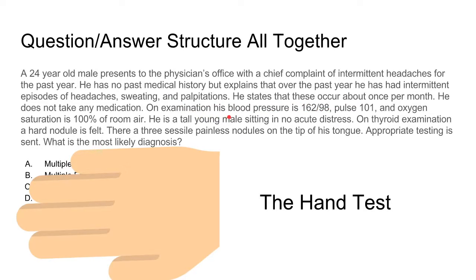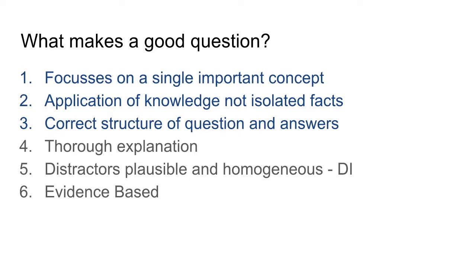And he's a tall young male. He's got a thyroid nodule. This leans you right towards where you need to be. And nodules on the tip of his tongue. So you can narrow this down to, oh, he's having pheochromocytoma. Oh, wait, he's got some other features. This should be MEN syndrome. So we talked about the structure of the questions and answers, and also the hand test.